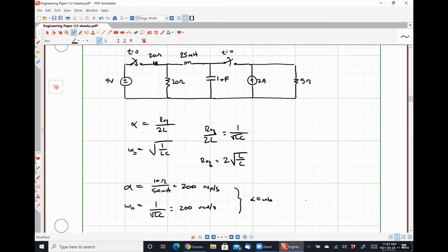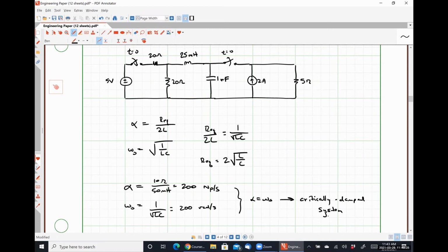Alpha is equal to omega naught, which means that we have a critically damped system. Okay, so that shows my numbers correctly. All right, so step 1 is taken care of.